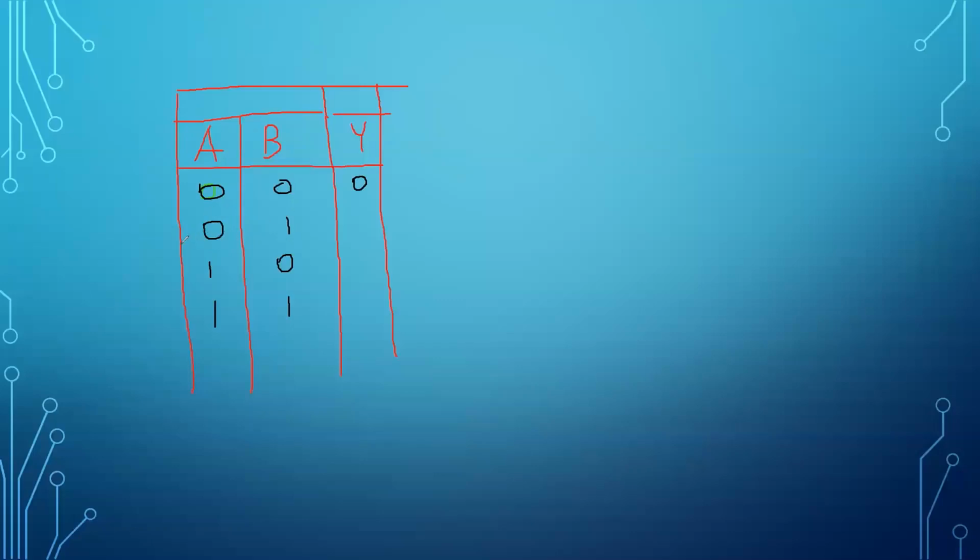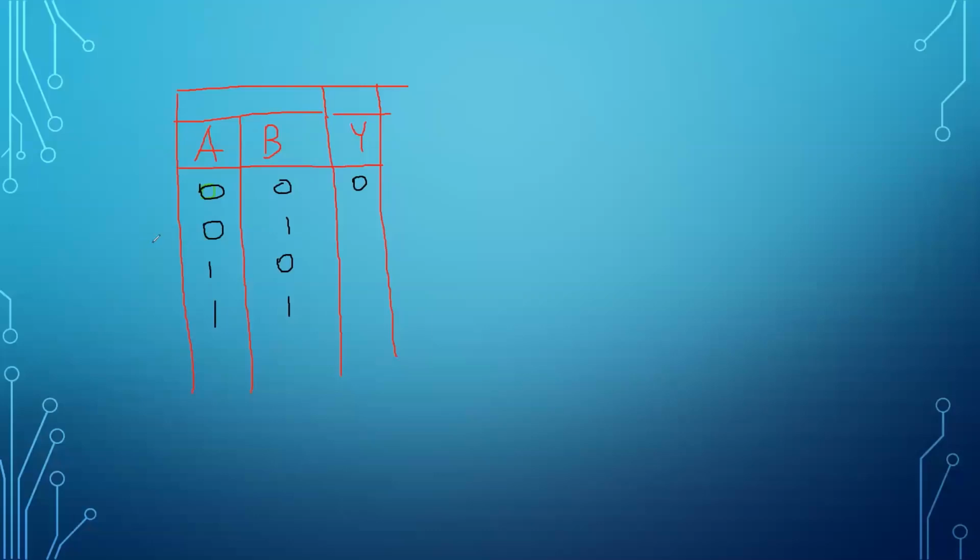So here for the first case, both A and B inputs are low, so the output must be low. If at least one signal has a high level, then we will get a high level output. So you can get 1 as output.